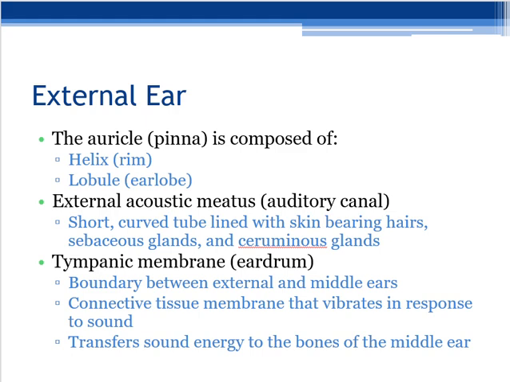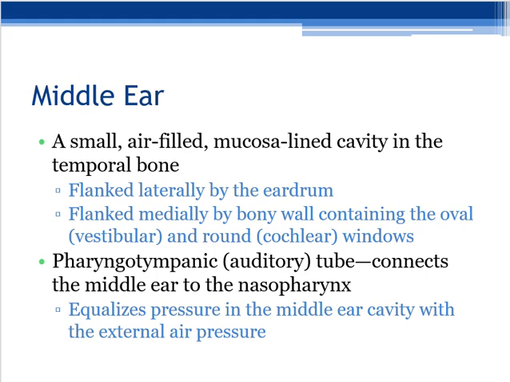So that's going to help us transfer sound wave energy from the external ear through the bones of the middle ear, and then the bones of the middle ear will get us to the internal ear. The middle ear is also air-filled, just like the external ear, but it is mucosa-lined. It's going to have laterally the eardrum and medially a bony wall that contains an oval and a round window.